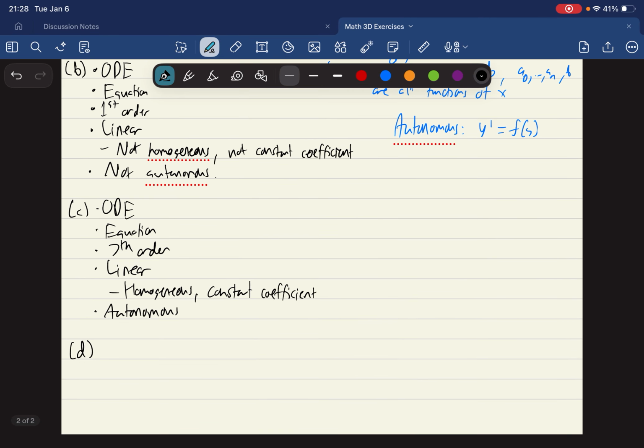So let me write out everything we have so far. This is an ODE, an equation, second order. It is linear. It is not homogeneous. But it does have constant coefficients.